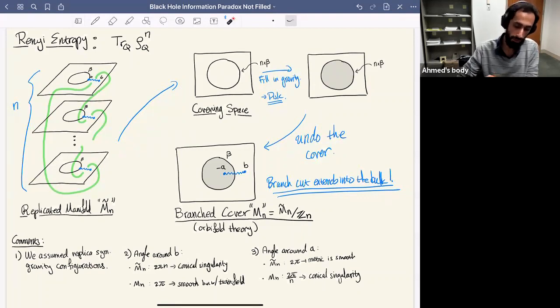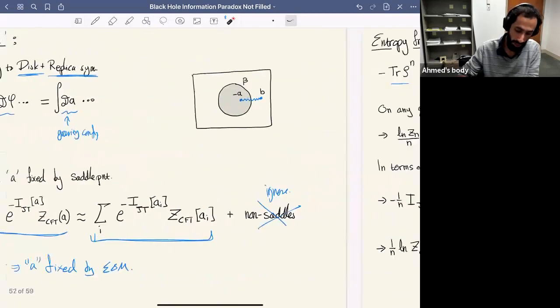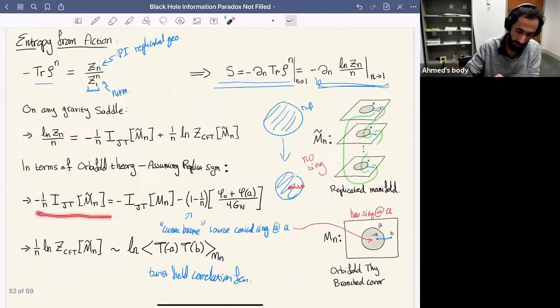But the reason it was convenient to work in a branch cover is that you can then write down the action of the replicated manifold as just n times the action of the branch cover theory, plus this cosmic brane term.